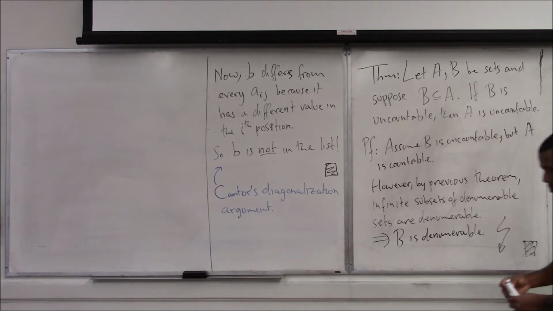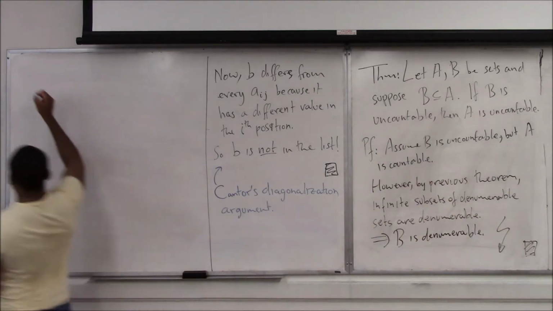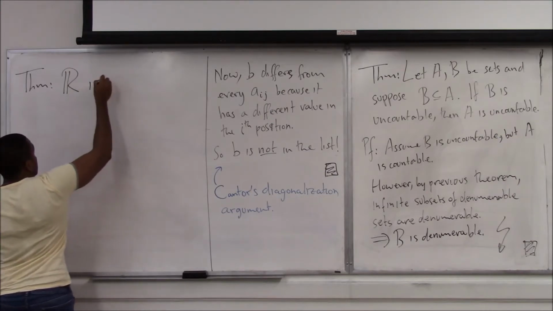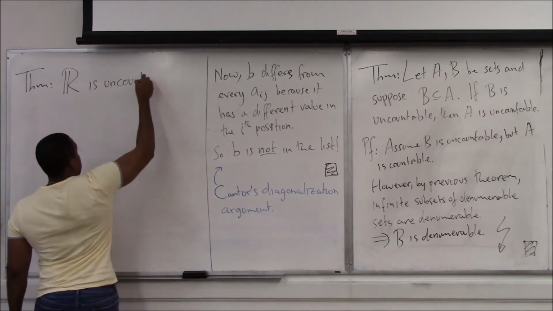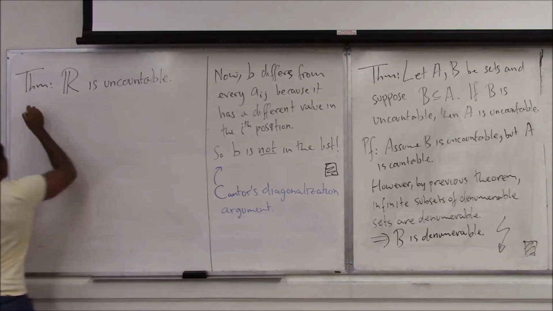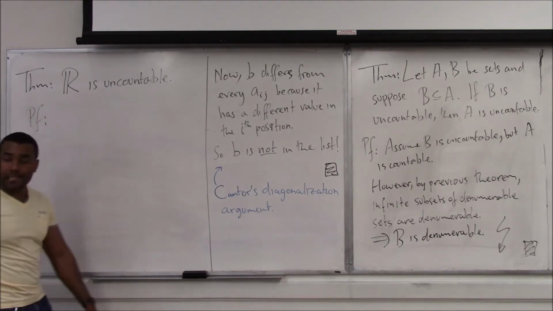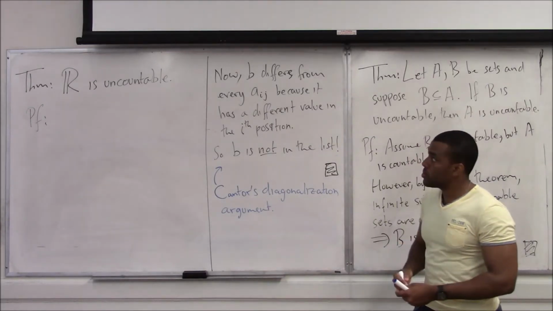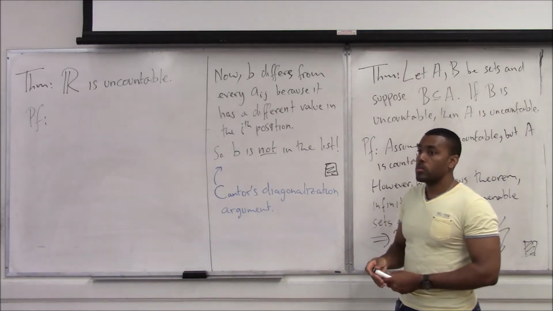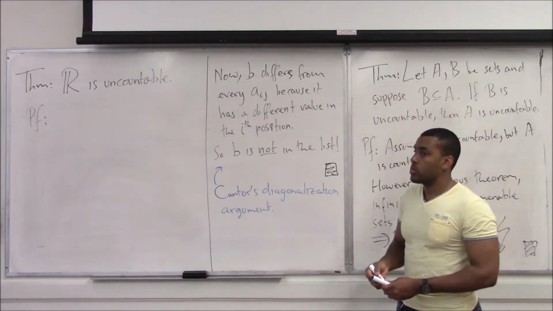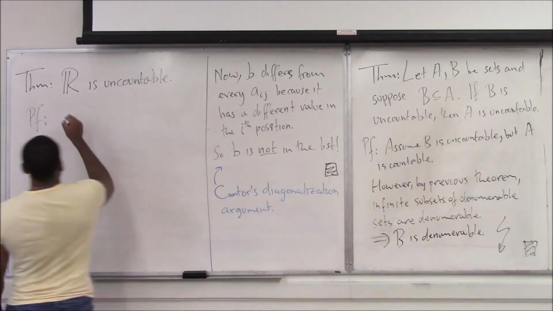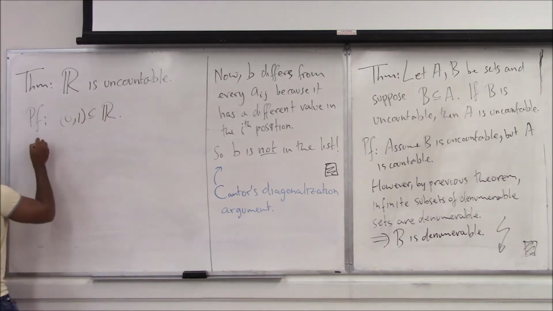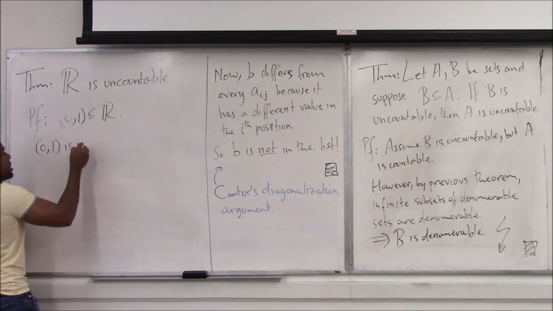Another thing. The set of real numbers is uncountable. Proof. Could we just say that 0 to 1 is a subset of that, and if that's uncountable, then R is uncountable? 0 to 1 is a subset of R, and 0 to 1 is uncountable.